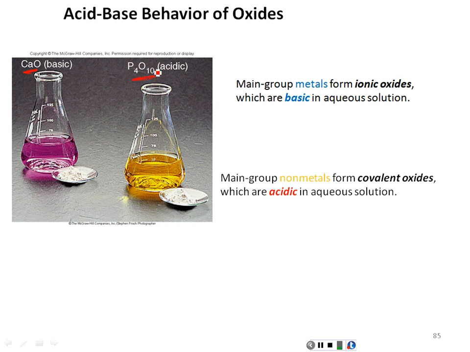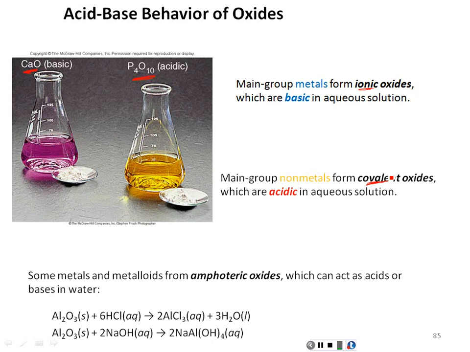So phosphorus oxide is acidic. Next time we're going to talk about what ionic and covalent mean, so if you're unfamiliar with those terms, don't worry too much about it right now. And some metalloids can act as an acid or a base in water. An example of that is aluminum oxide.